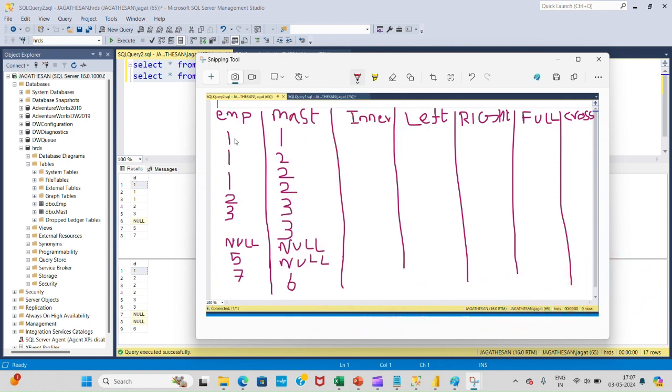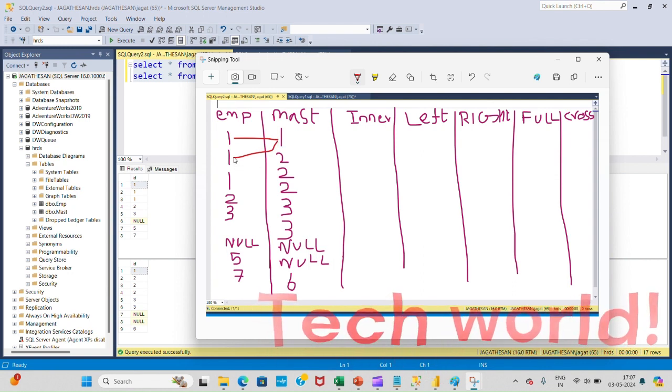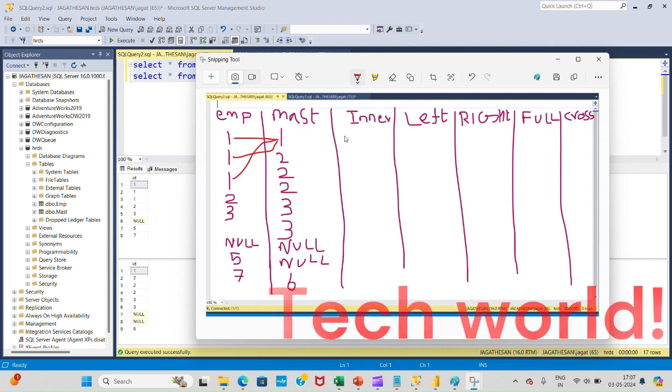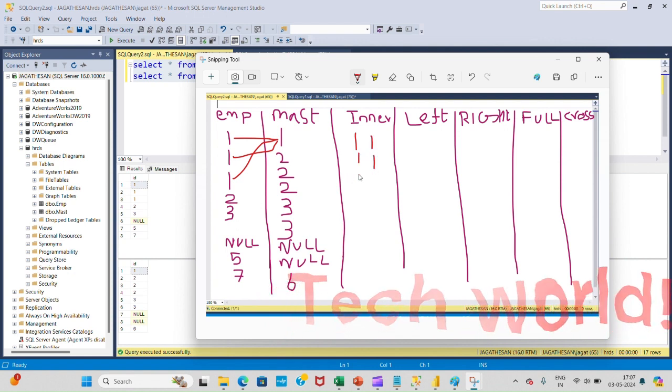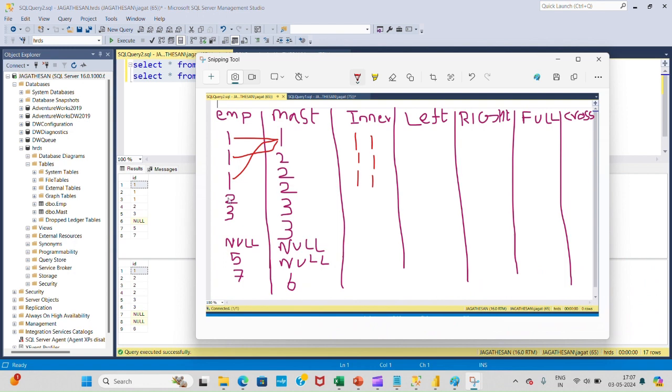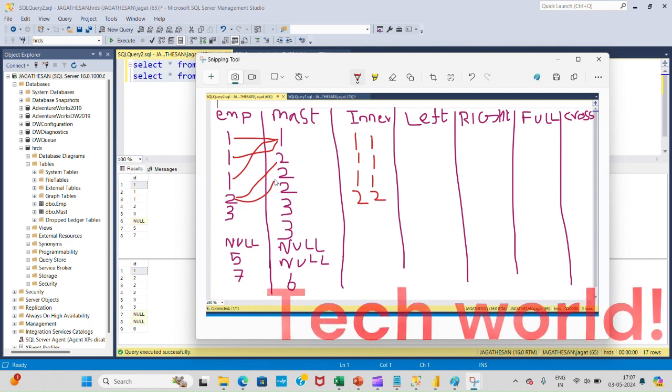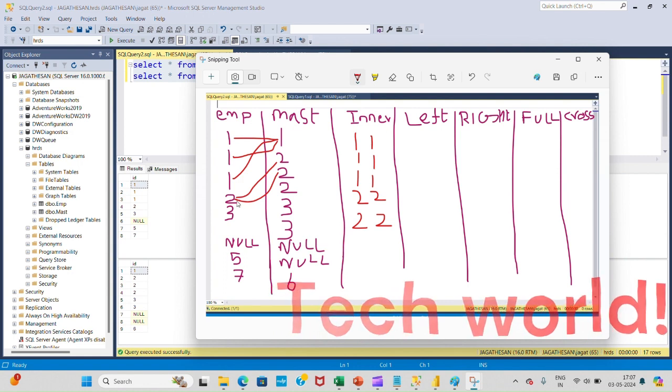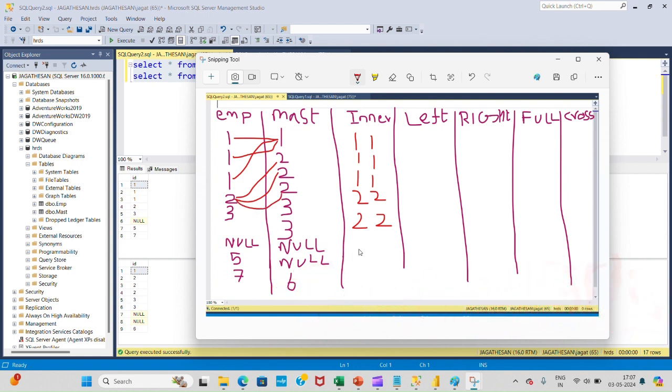The value 1 is common. So each 1 joins with each 1, and the 2s join with the 2s, and the 3s join with the 3s, because these are common values.